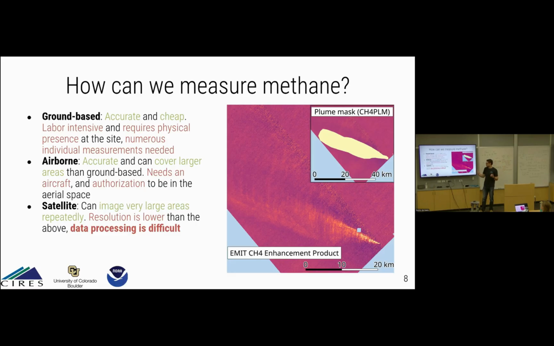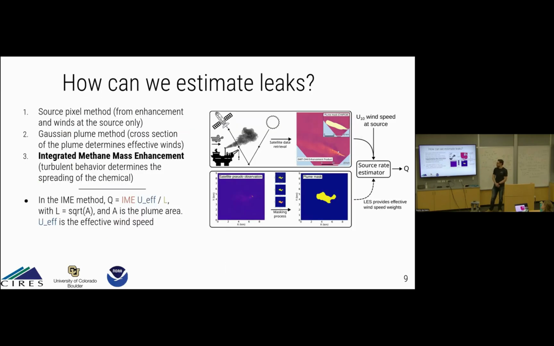They are far from the emission sources, and data processing is difficult. So this is not a problem that we are going to solve, but we're trying to help develop the methods that are going to facilitate this data processing of satellite observations.